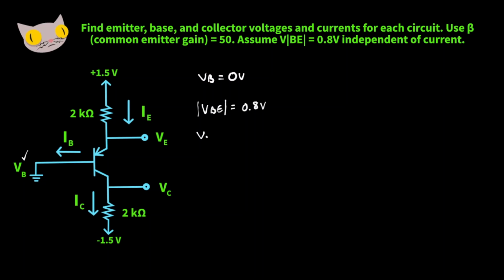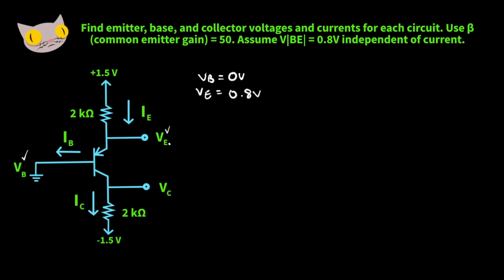So voltage of the base minus emitter voltage is equal to 0.8 volts. Actually, scratch that. It's going to be negative 0.8 volts. That's because this is a PNP transistor, and like I said earlier, the emitter and the collector pins are switched. So our emitter voltage value is going to be positive 0.8 volts.